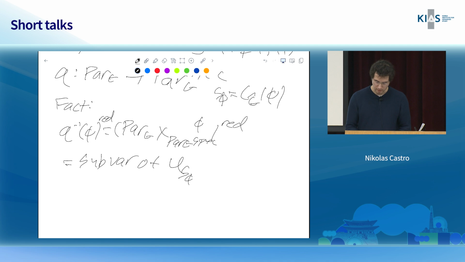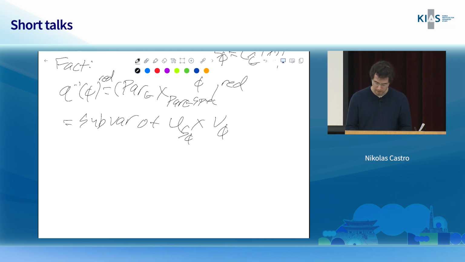So the subvariety of the unipotent elements of S phi times the Vogel variety. So, okay, maybe quickly define what this is. So the Vogel variety are the elements in the Lie algebra fixed by inertia.